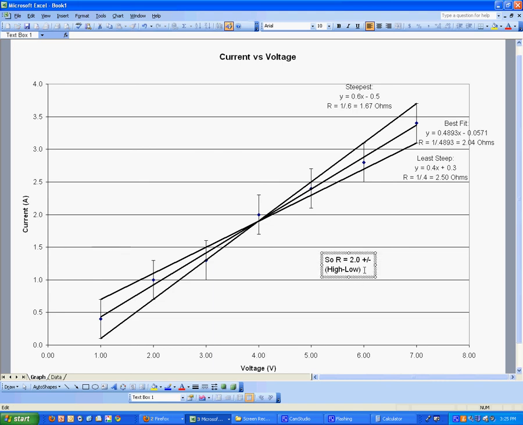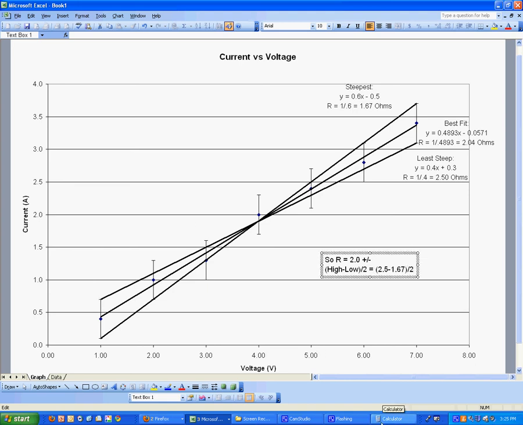So whenever you have a high and a low, divide that by 2, right? So it's 2.0 plus or minus 1. So this is going to equal 2.5 minus 1.66666666667. Okay, divided by 2, right?